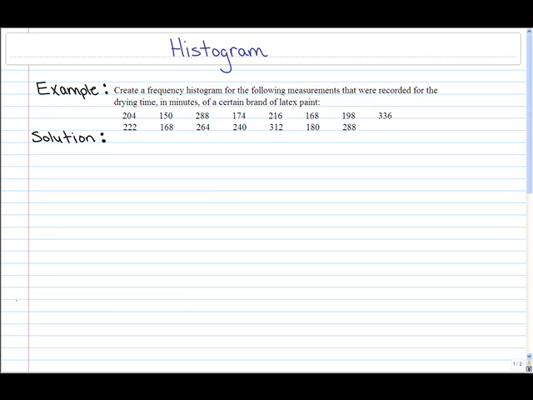Since your lowest value is 150, I would start with the value of 150 and maybe choose a class width of 50, so that your first class interval would be from 150 to 199, and then your second class interval would be from 200 to 249, and so on and so forth. So go ahead and pause the video now and create your frequency chart as well as your frequency histogram.